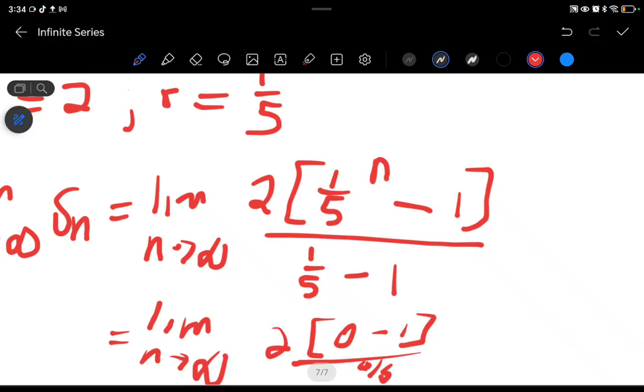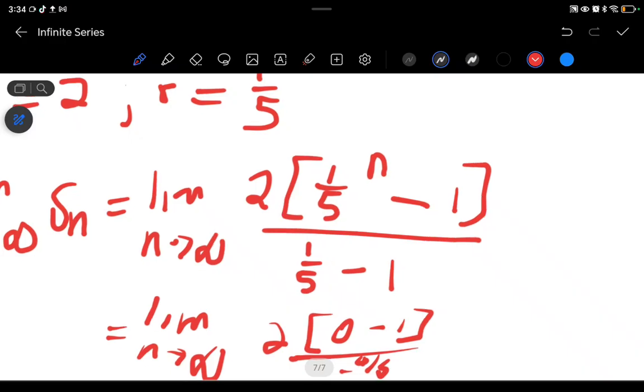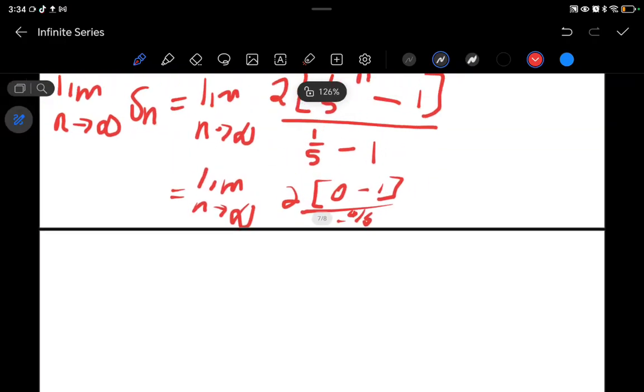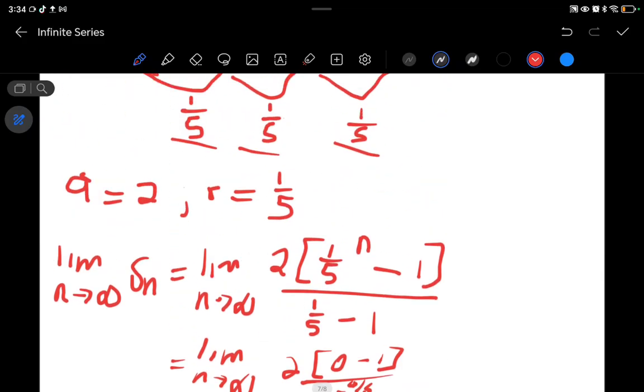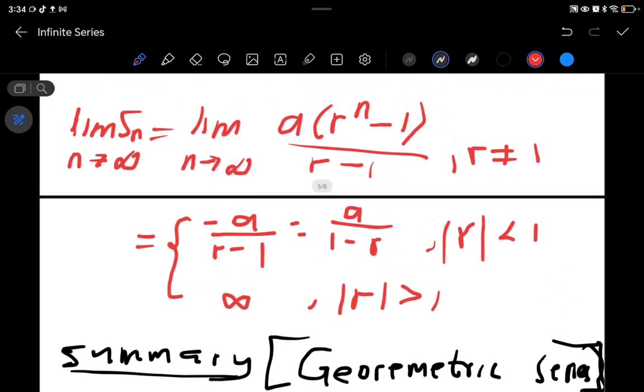Four over 5, right? Minus 4 over 5. So this would be equal to the limit as n approaches infinity of minus 2 over minus 4 over 5. You see, when that R is less than 1, this always becomes negative.